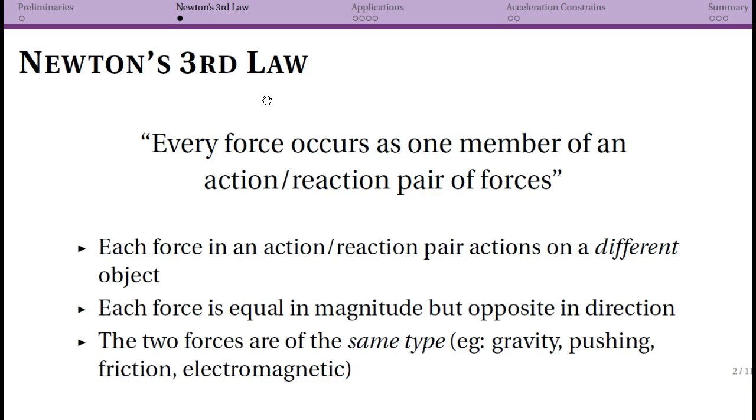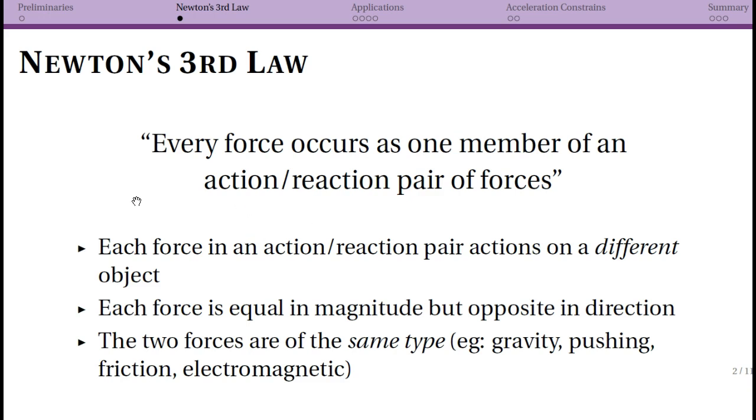It isn't that one happens first and then the other happens. They arise together, and it's always a pair. One is not the action and the other the reaction. It's a pair of forces, but we typically call it action-reaction because there's one that you start with and then you say the other one must be there. But that's just the order that you're going in, not any sort of order that is essential to nature.